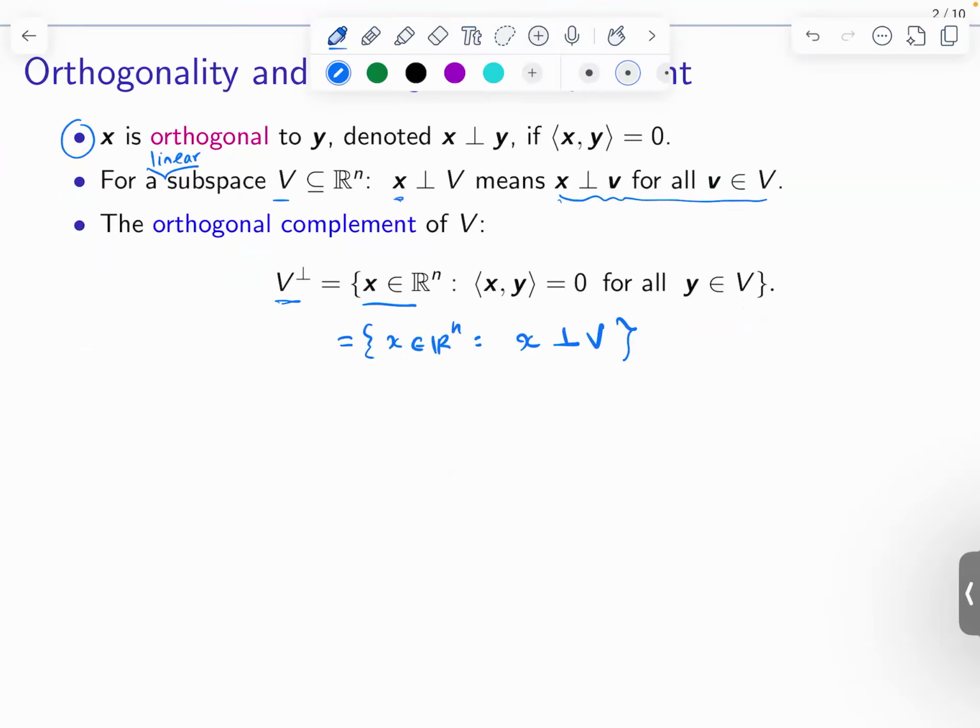Okay, so let's see what it means. Let's consider a subspace which is going to be like the xy plane in R3.